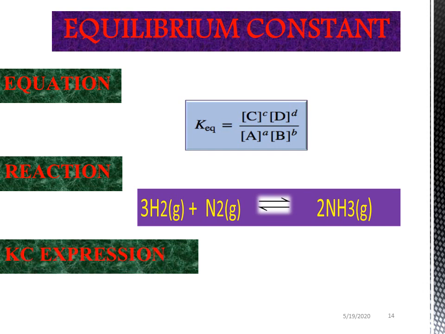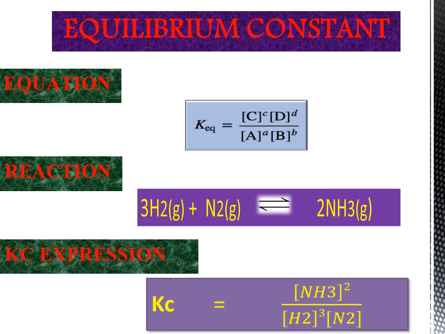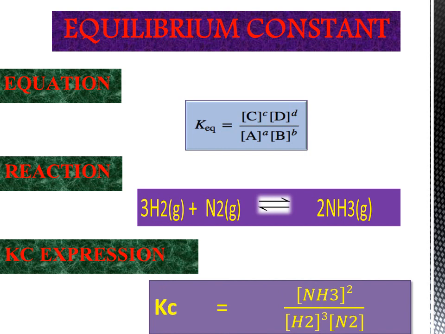So for this we will write down the Kc expression. Let us look at the Kc expression for this reaction. Here you can see that there are 2 moles of ammonia gas, so we will put this as a coefficient.